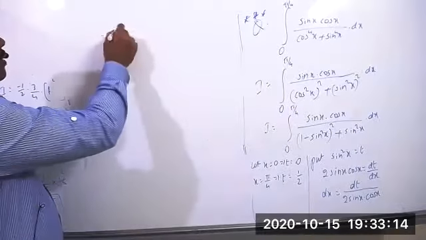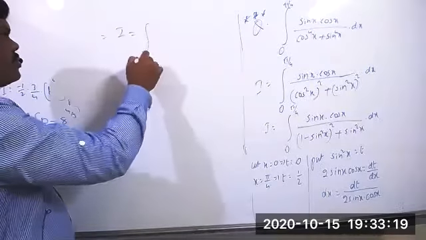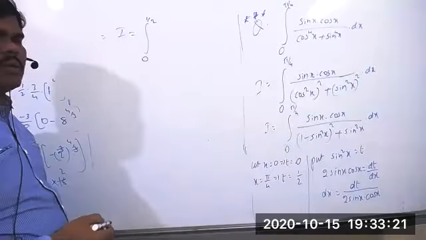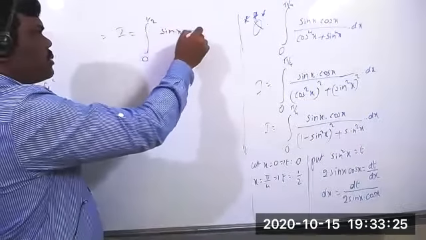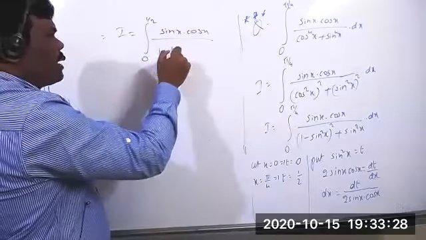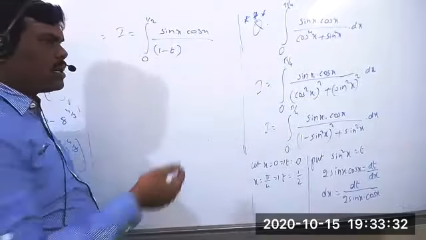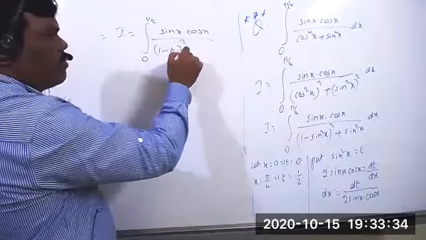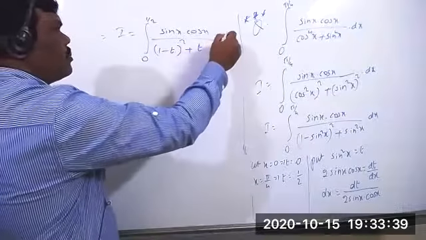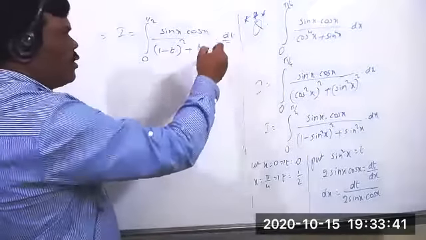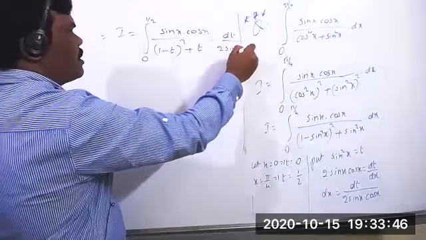So therefore, the value of I equal to, the limits you can change that integration of 0 to 1 by 2. The numerator can be written as only sin x into cos x whole by 1 minus t, because sin x equal to t we are taking. So 1 minus t whole square plus t into dt by 2 sin x into cos x.